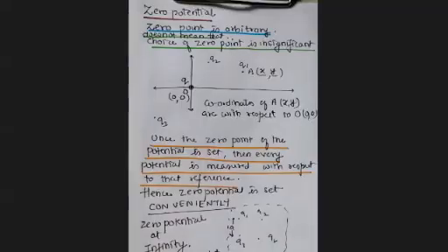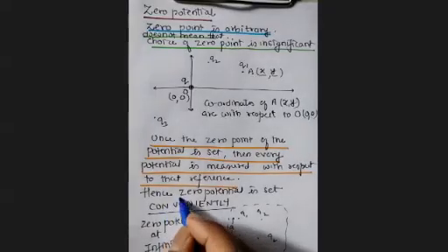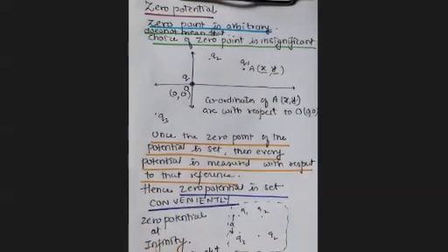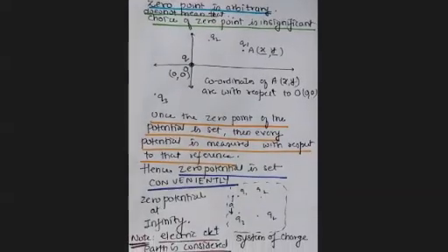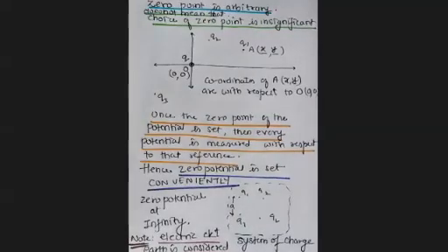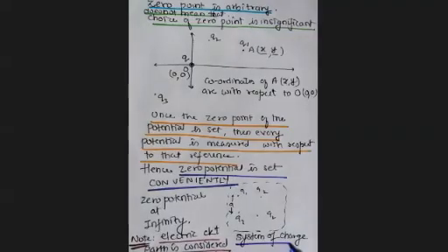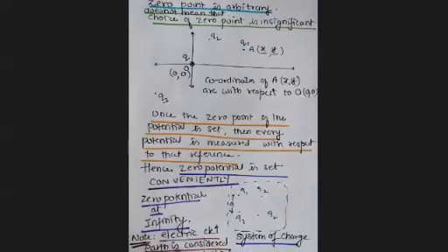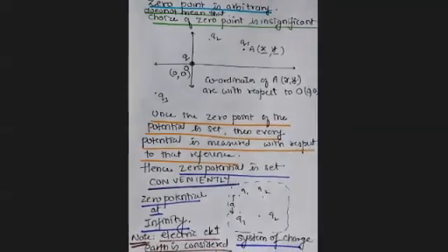Hence the zero potential is set conveniently. When we talk about a system of charge, then the zero potential is set at infinity. So these are 5 points which we have discussed in zero potential.